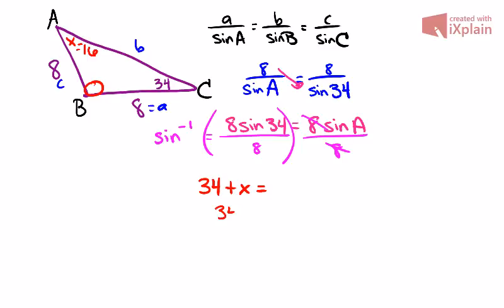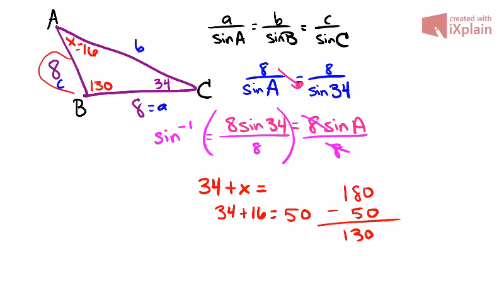So now I can do 34 plus 16. That's going to give me 50. Now I do 180 minus 50. That gives me 130. So I can take 130 and plug it in where B is. Now I have my two legs with an angle in the middle.